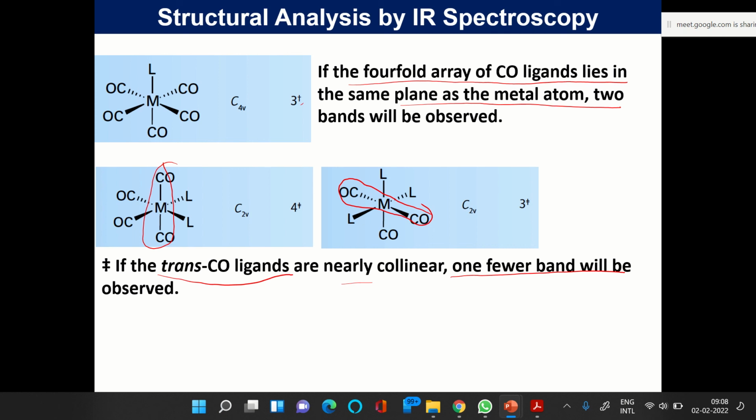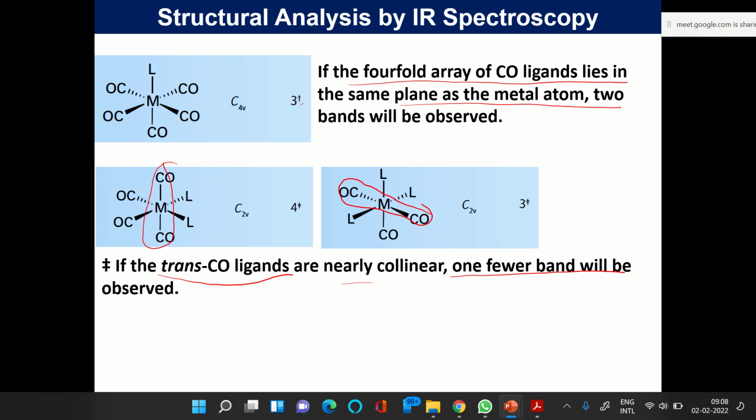So the local symmetry concerning these CO ligands is also important. Within the molecule, we also have to look at the M-CO-CO kind of symmetry. That is linear here, so instead of 2, we should be getting 1 band.